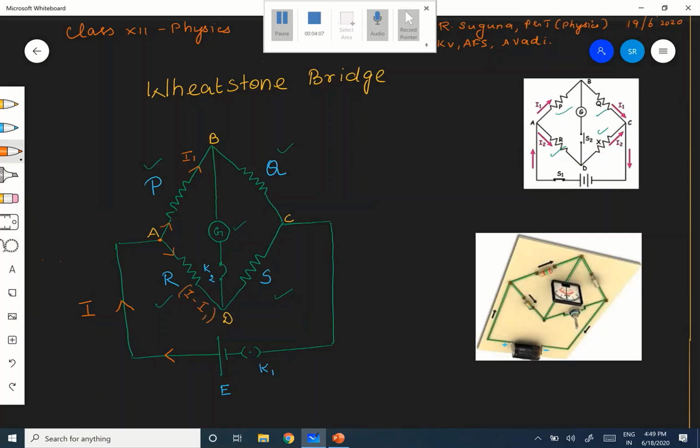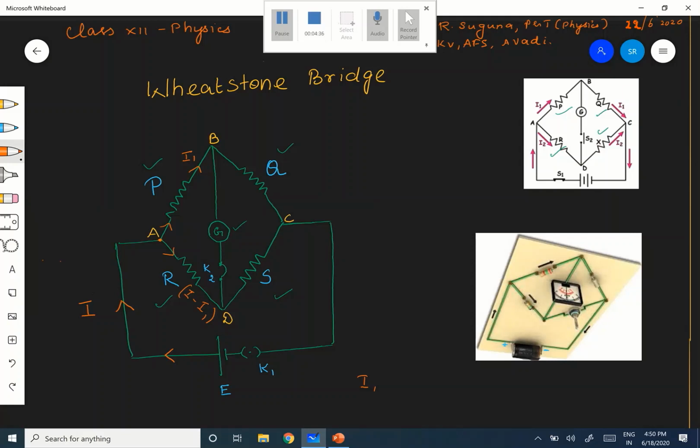Are you following? I minus I1. Why? Because I is entering A, and the same I should leave A. The current leaving A here is I1, and here it is I minus I1.